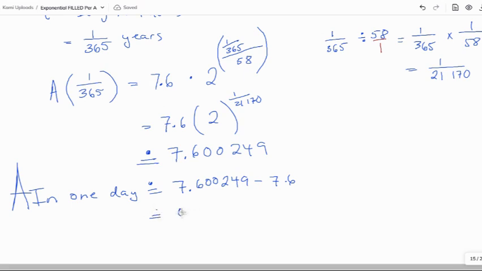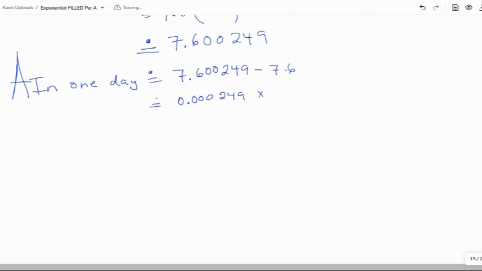So that's 0.000249 billion. Here, I'm going to use scientific notation, because I don't want to write it like this. I want to write it in proper scientific notation. And should we leave it in scientific notation? Depending. Let's see what we end up with. So I'm going to be moving my decimal all the way here.